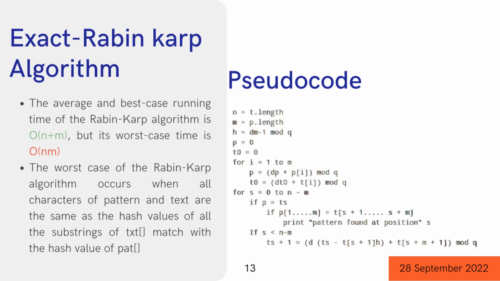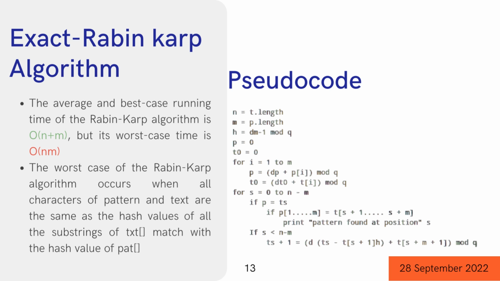And if we have any matching item between the pattern hash value and the string hash value, then we can say there may be a matching substring, then we'll check it, otherwise not.